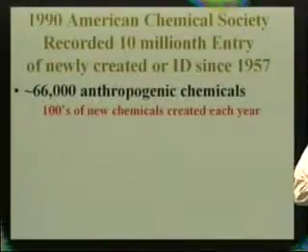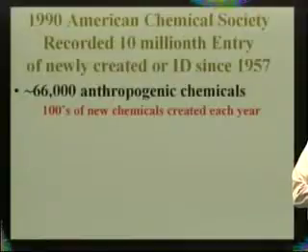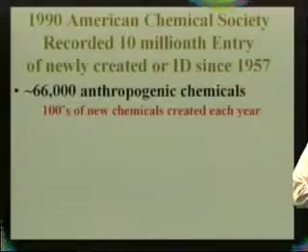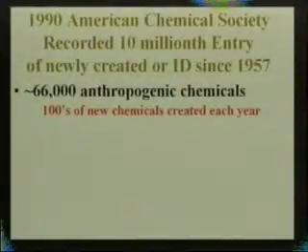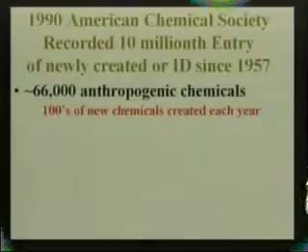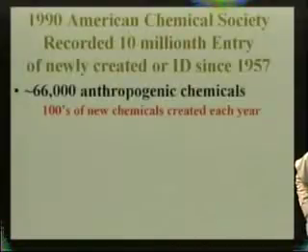We keep producing these quite rapidly in our laboratories, trying to come up with new things. They say there are roughly 100 new anthropogenic chemicals that we synthesize every year. 100 new ones. Right now, around 2004, roughly 66,000 anthropogenic chemicals have been produced.